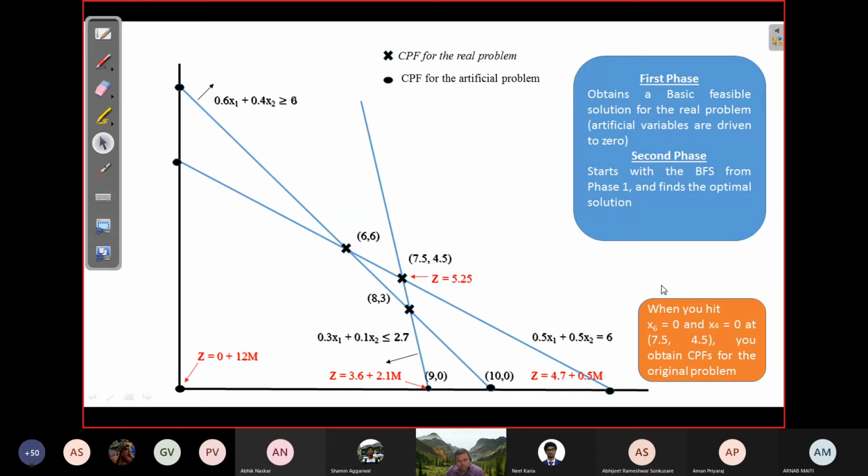So then the objective function value gets rid of M, the big M. It is quite a mechanical process. So you have to just see when you are entering the feasible region of the real problem, right?